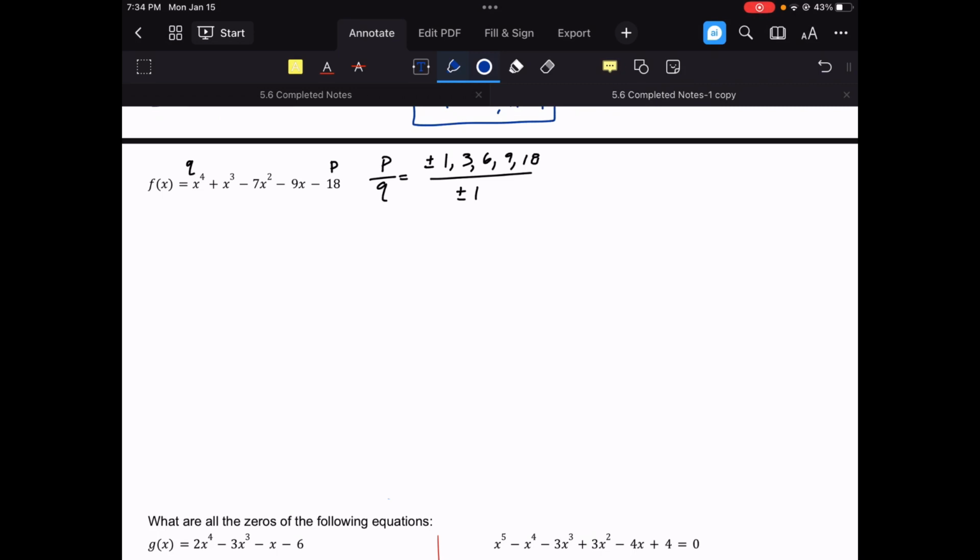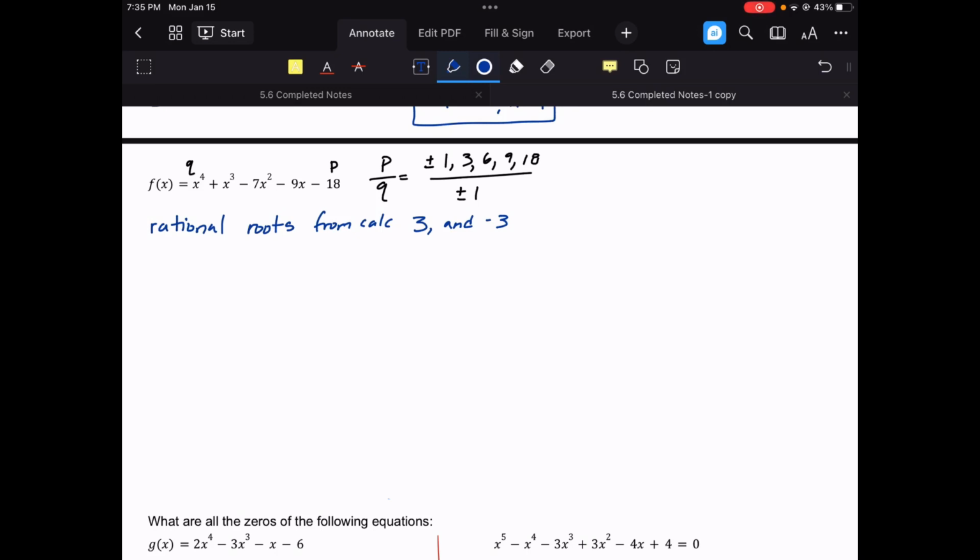Those 2 rational roots are going to be 3 and negative 3, which are a part of our list, so we're good.